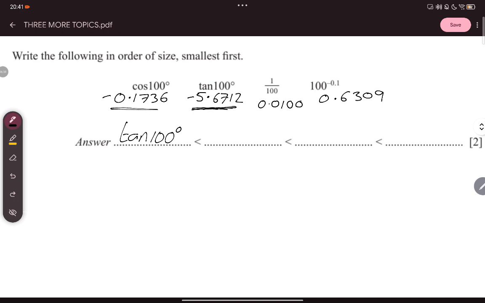Then the next biggest number is the other negative, cosine 100 degrees. Then out of these, thinking of them as actual numbers, this would just be 100 and this would be 6,309. So it's the 1 over 100 that's next, and the 100 to the power negative 0.1 is the next one.